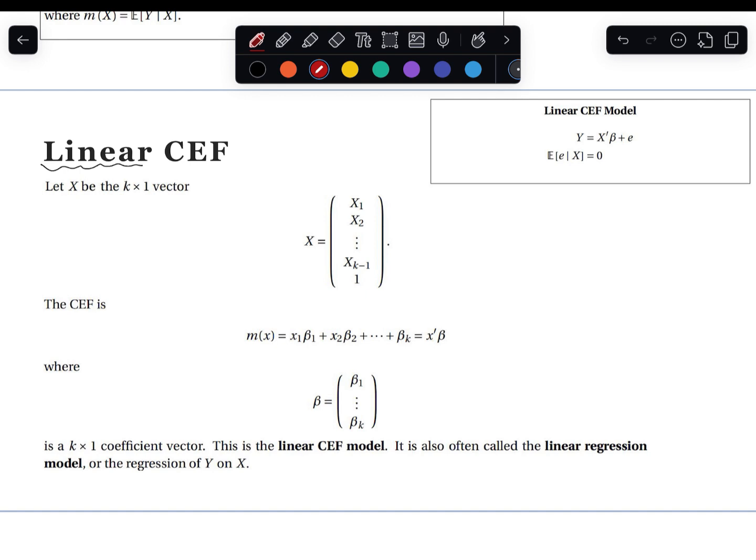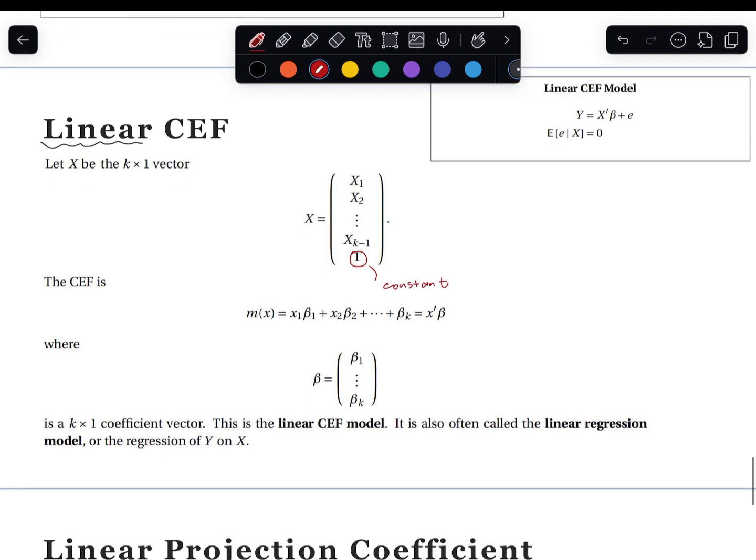Let x be the k by 1 vector, which looks like this one. And here 1 means the constant. And the CEF is just m(x) equals the linear combination of x and beta.